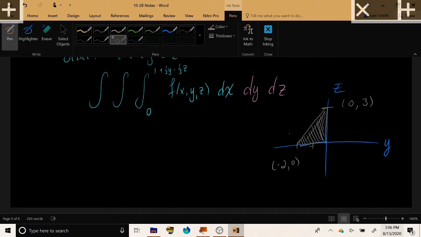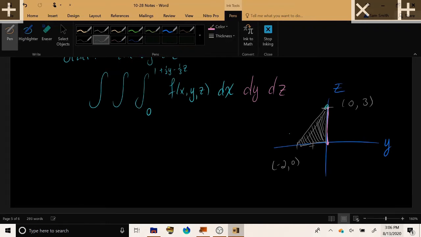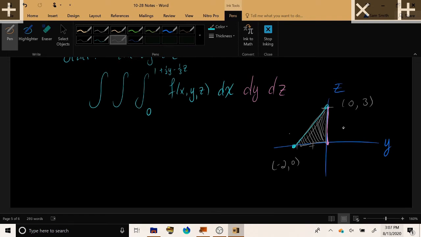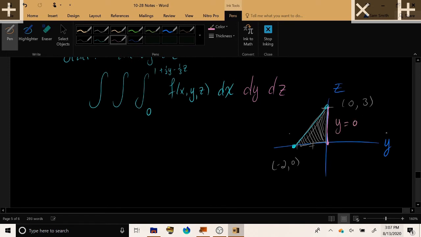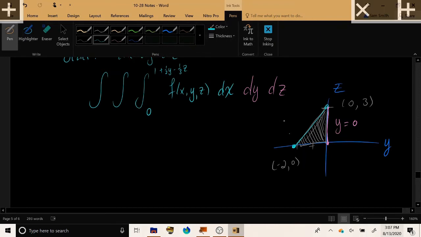So now, on the horizontal axis we have y, let's think about what function bounds our region in the horizontal direction. On the right-hand side, we have the constant value y equals 0, corresponding in this drawing to the z-axis. On the left-hand side, we have the line going from (-2, 0) up to (0, 3). So it has a slope of 3/2 and a vertical intercept of 3.